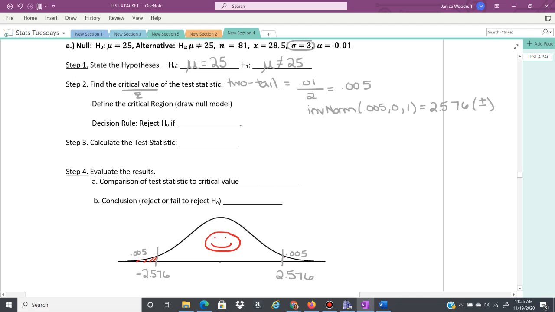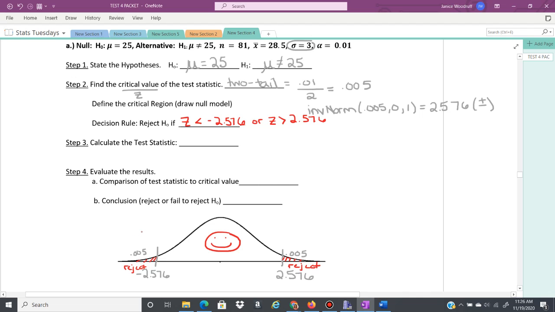For our fail to reject region, and then our rejection region. Okay, so reject, which means what? It means that we will reject if we get a z value that is less than negative 2.576, or we get a z value that is greater than positive 2.576.